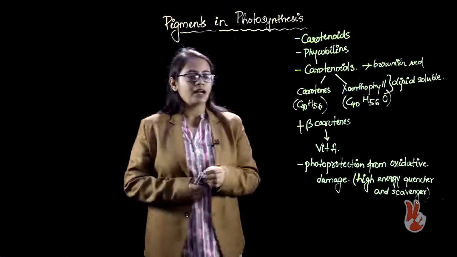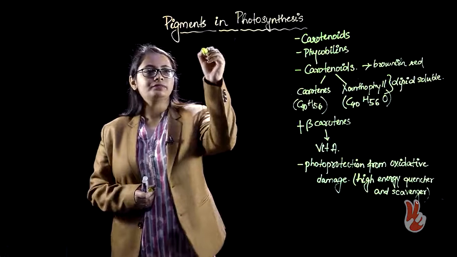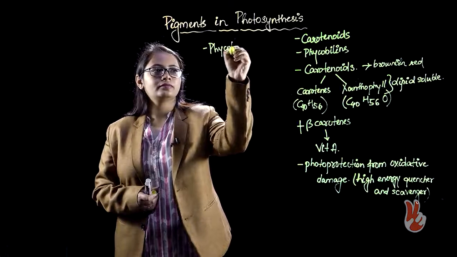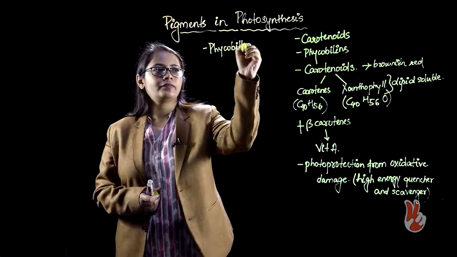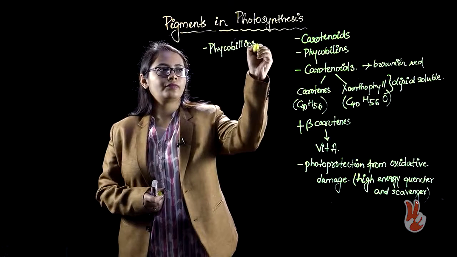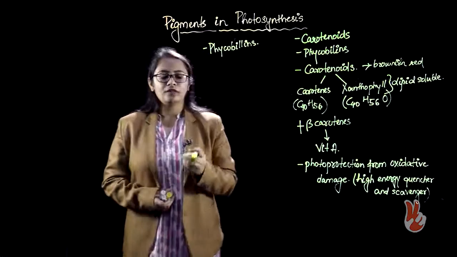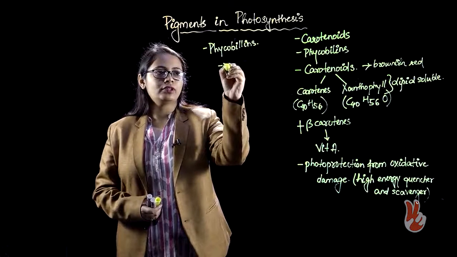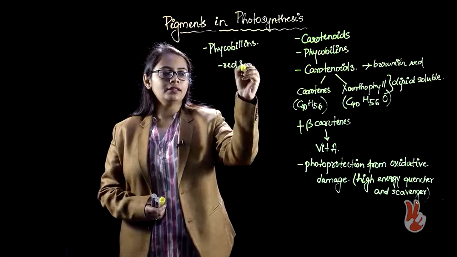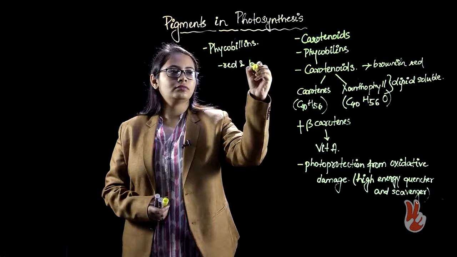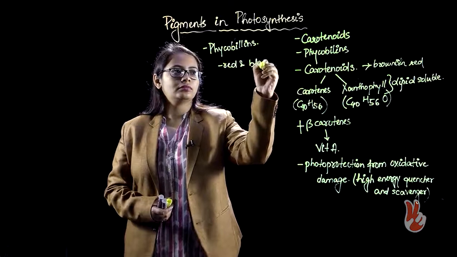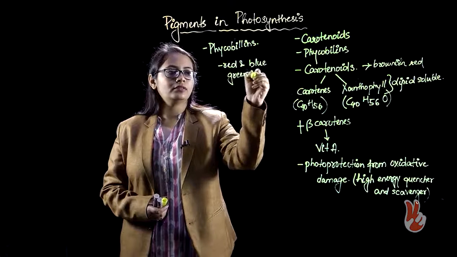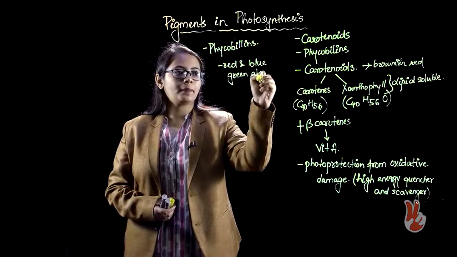Next to carotenoids are the phycobilins. The phycobilins are a common pigment in red and blue-green algae.